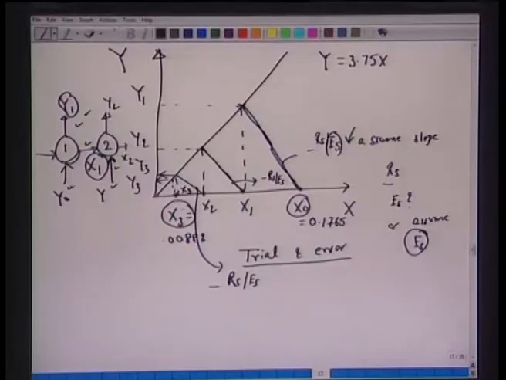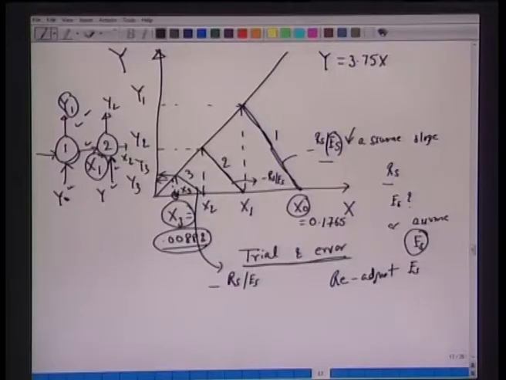If you have marked this point 0.00882, we have not reached the same point. That is why we said it is trial and error. One will have to readjust the slope, or readjust the solvent flow requirement, to reach through stages 1 to 3 the x3 that we want here, right.